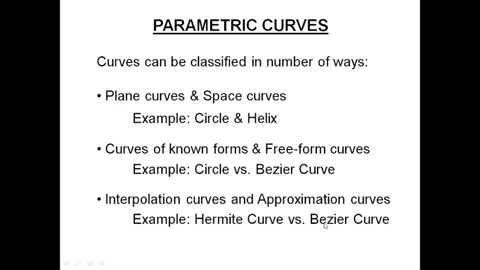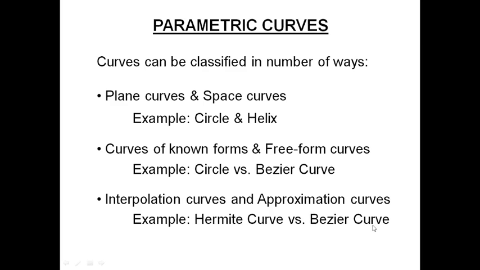An example of control points is the start point and end point of a line, which are the control points of a line, or the center point and any point on the perimeter, which are the control points of a circle. But in a free-form curve, the user is free to give the number and extent of control points, or the location of control points.